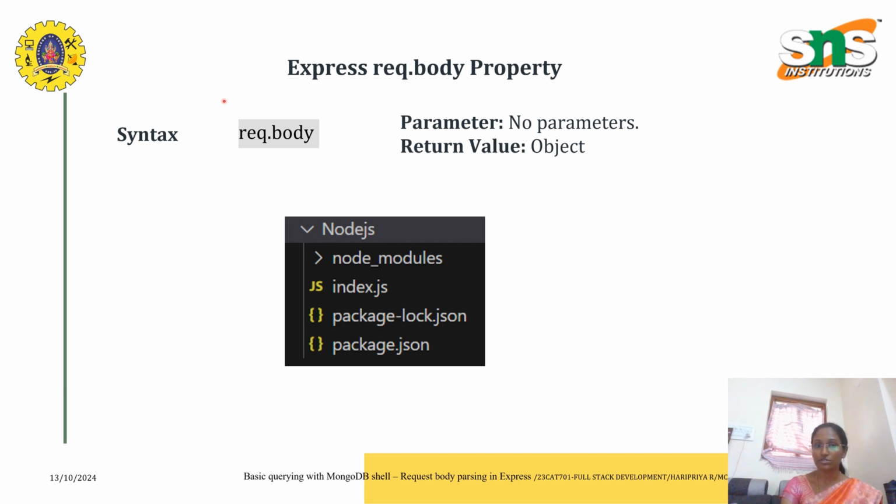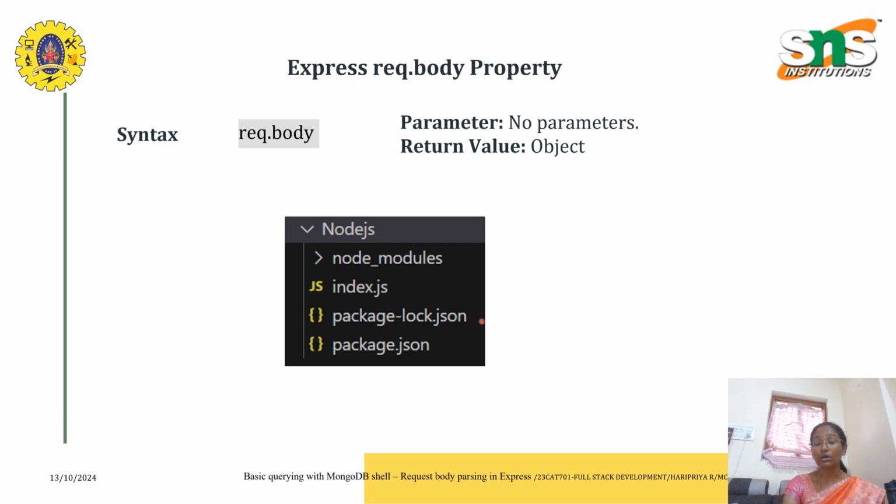The request.body property gives the request data for the transaction to the database. It takes no parameters in Express, and the return value is an object.